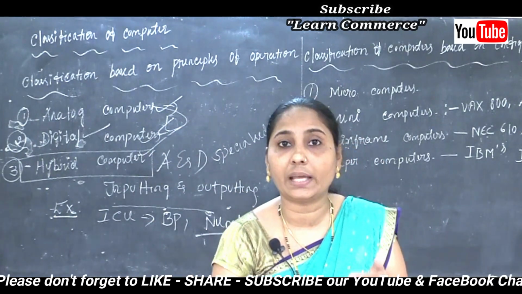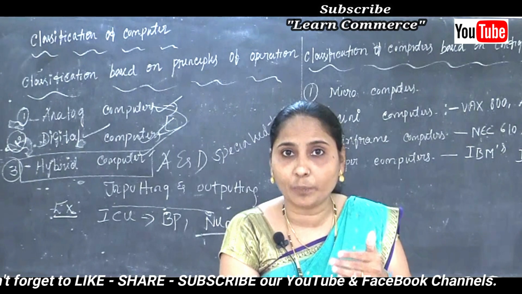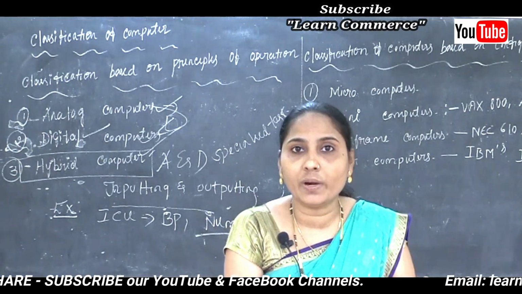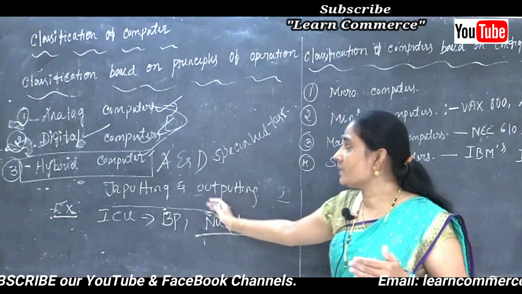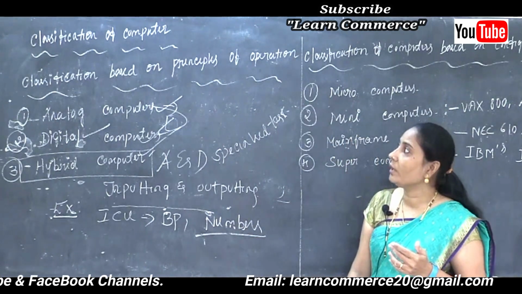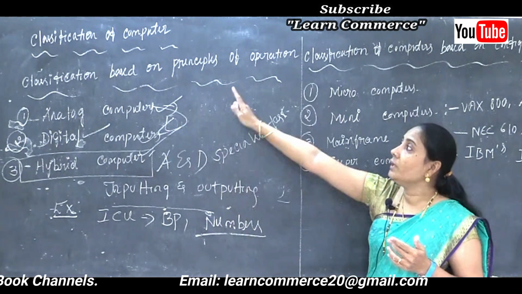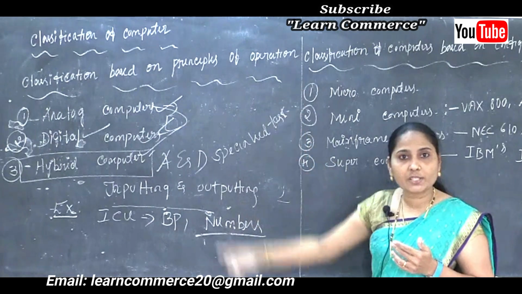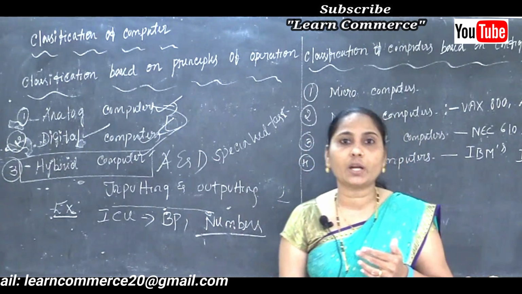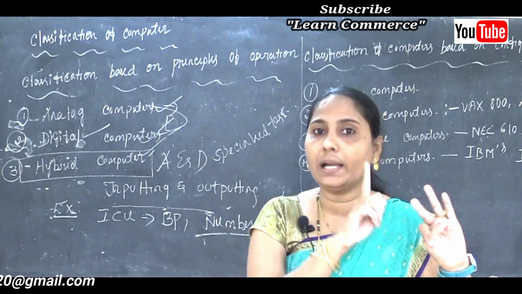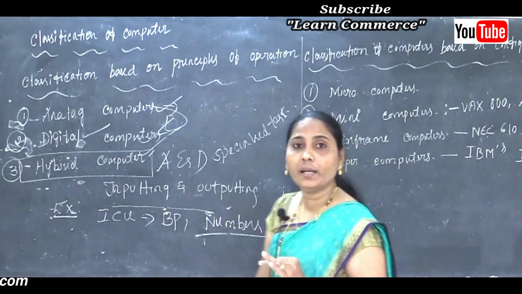Like that, whatever measurement we get without numbers, we can get in numbers. So this is some of the information about the classification of computers. In classification based on principle of operation, computers are classified as analog computers, digital computers, and lastly our hybrid computers.